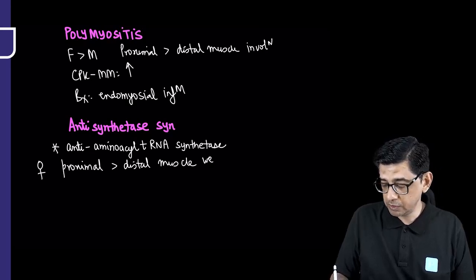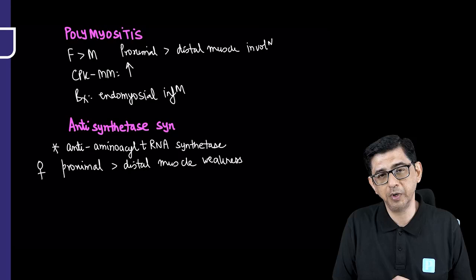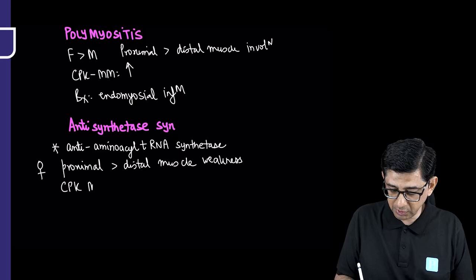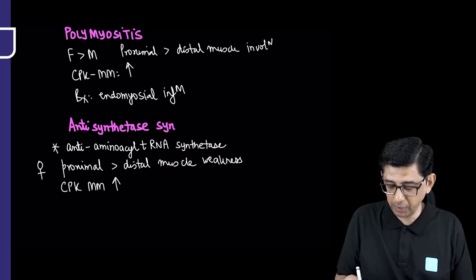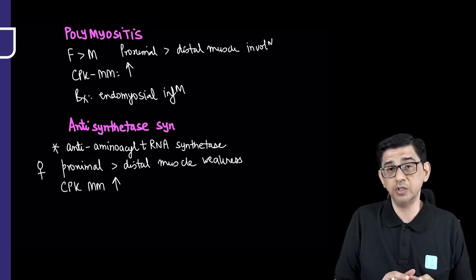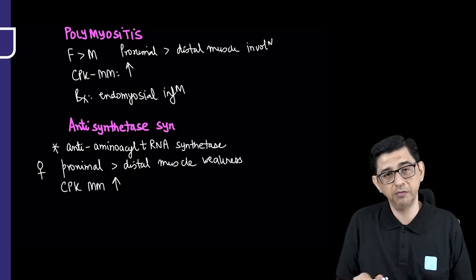I mean, if there is weakness with respect to muscles of the left hip joint, then the weakness would be with respect to muscles of the right hip joint as well. And in these patients as well, the CPK-MM values would be elevated. The rise of CPK-MM in this condition may not be as gross as what is seen in dermatomyositis or polymyositis, but the rise is very much there.